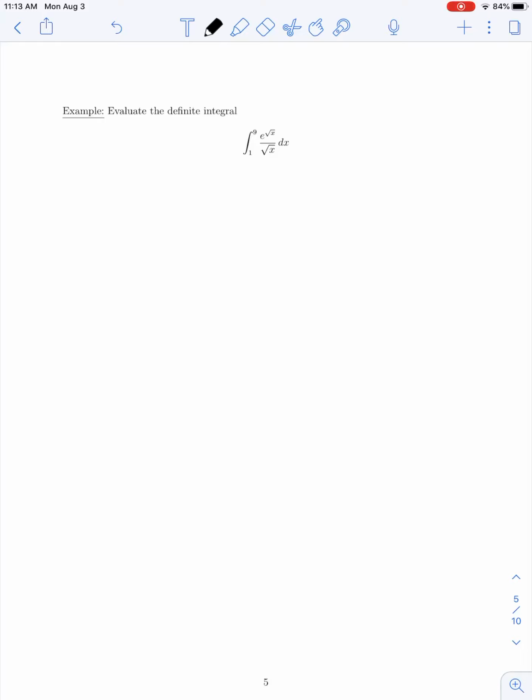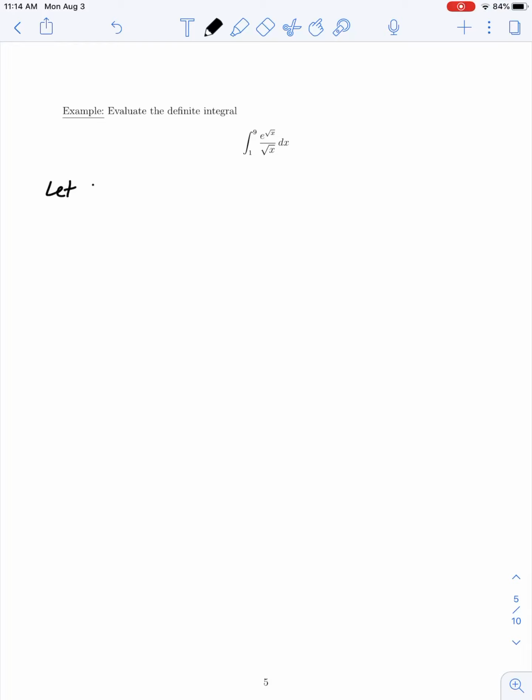In this next one, we are asked to evaluate the definite integral from 1 to 9 of e to the square root of x divided by square root of x. So this involves a composite function, namely our numerator is e raised to the square root of x, which suggests that we should try a substitution.